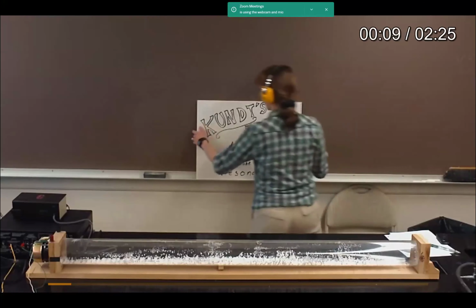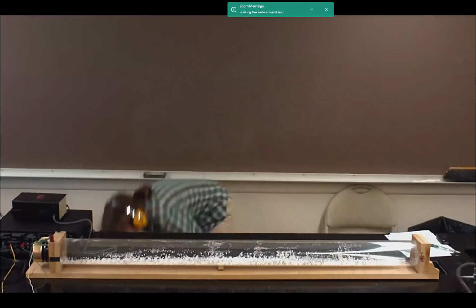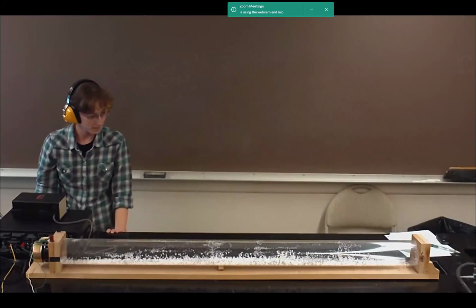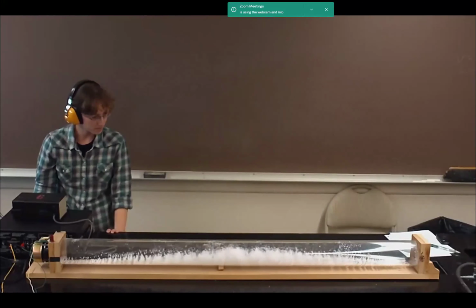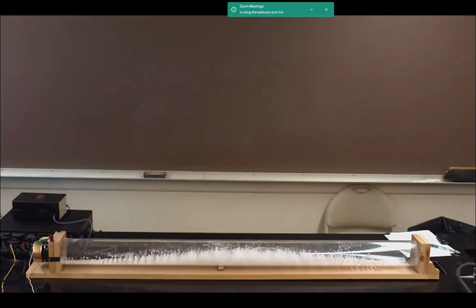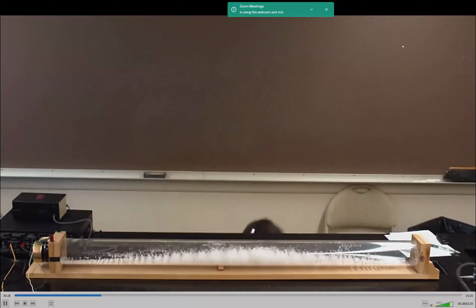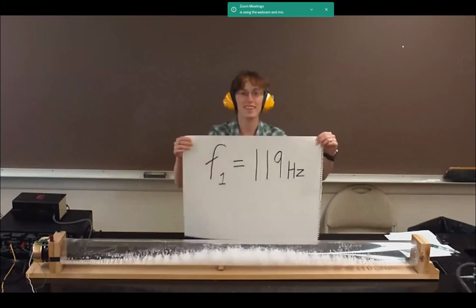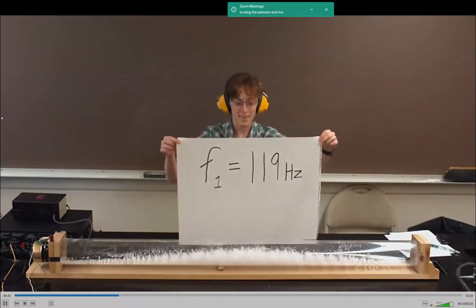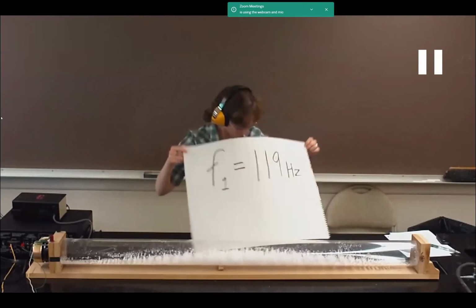So this guy is using thermocol. You can see the middle part bumped up. The first harmonic. That's 119 hertz. You can see the center main antinode, and the edges have slimmed down.